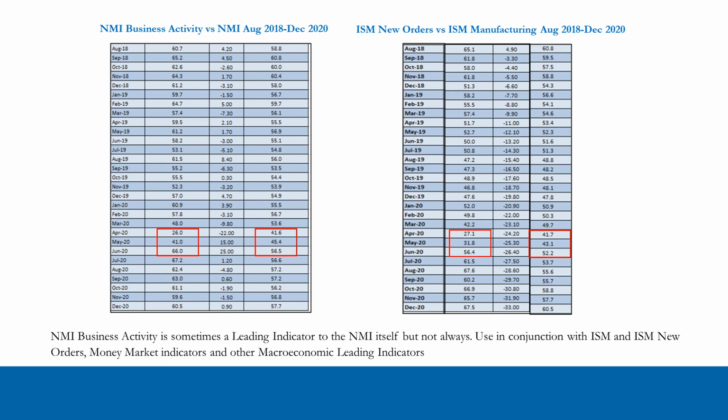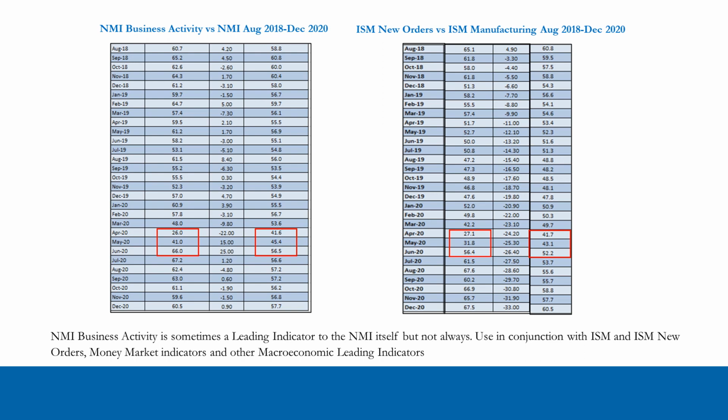If we look at the ISM new orders versus ISM manufacturing on the right, yes, we get new orders going below 50 in February 2020. But when we get the move back up after the trough, the May 2020 move higher is nowhere near as big in magnitude as the move in business activity for the NMI.